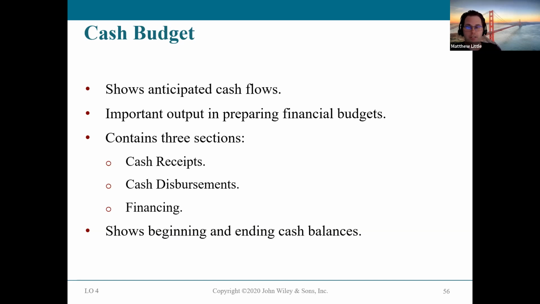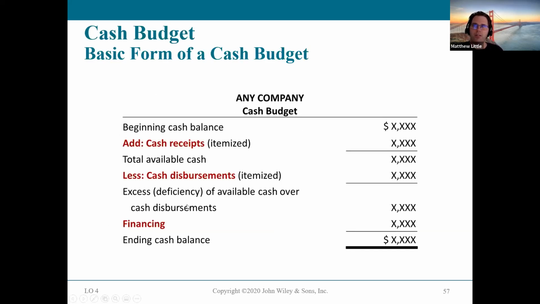Loans fall under financing, and they do separate it here. Cash disbursements, you're buying stuff, you're paying salaries, whatever that might be. And then financing, you borrowed money, you had to repay debt, whatever that might be. And so your cash budget will show the beginning and end balances. Just a little visual on the screen here shows the ins and outs.